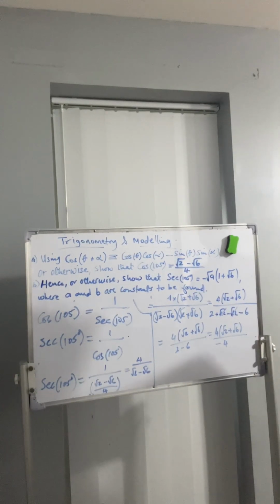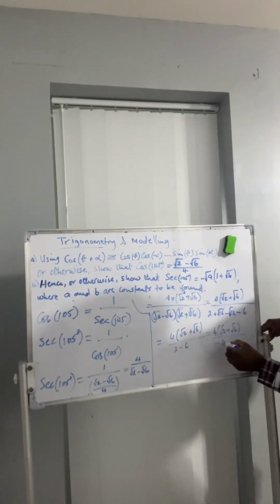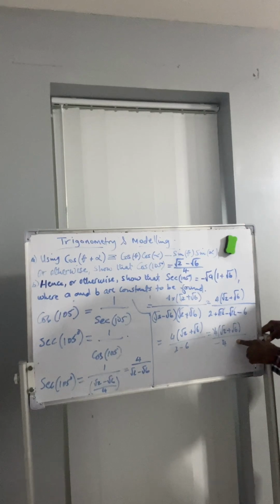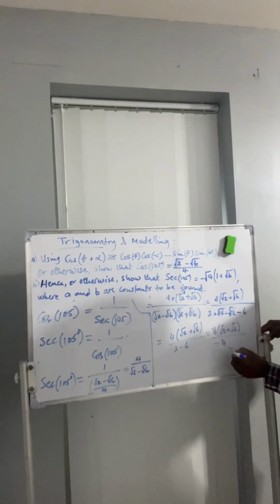So, you know that minus 4 cancels 4. At the bottom, you have minus 1. So now it's minus 1 left.